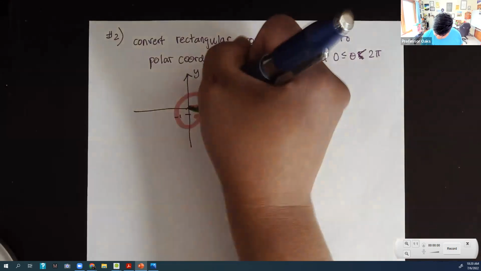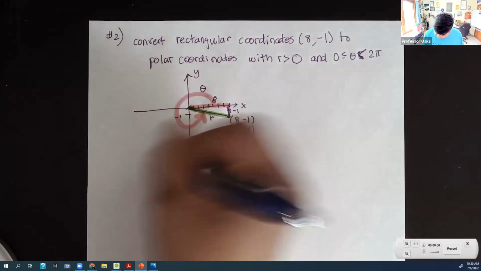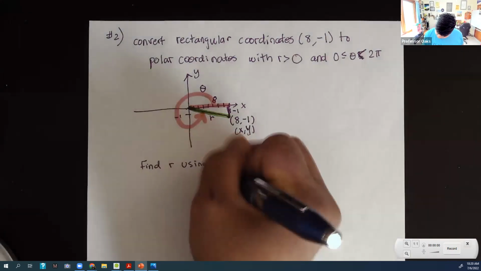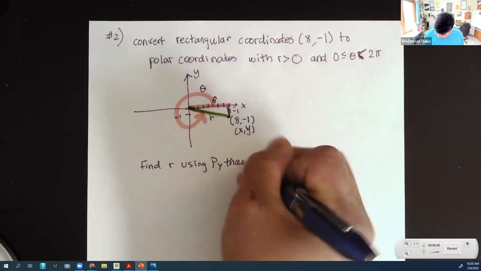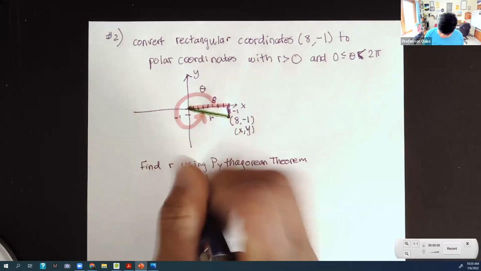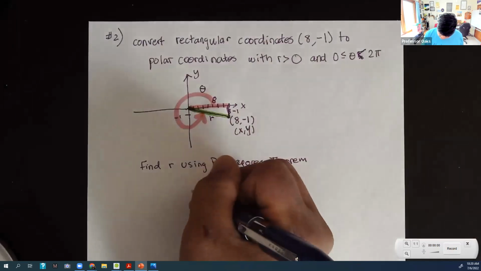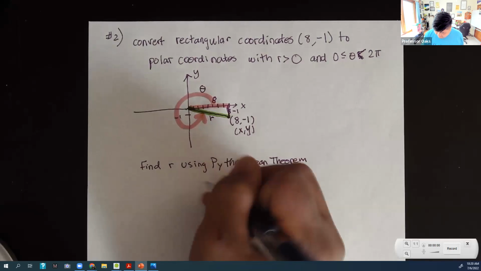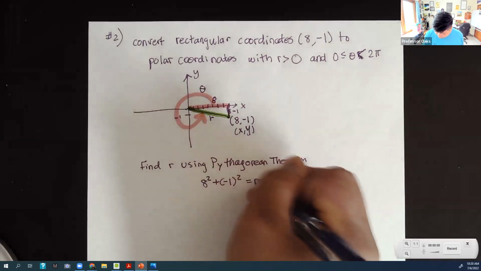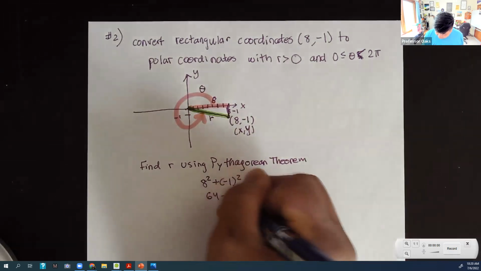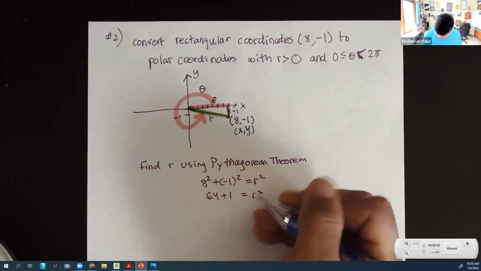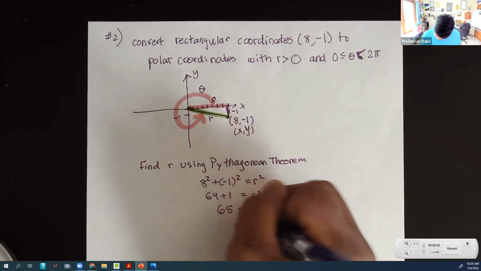So this is 8 and this is -1. Find r using the Pythagorean theorem: 8 squared plus -1 squared is r squared. So 64 plus 1 is r squared, and so 65 is r squared.